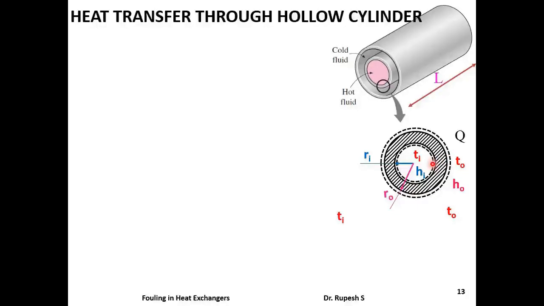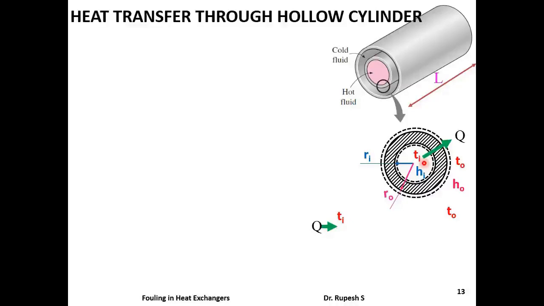So the total resistance offered to this heat flow Q is the sum of two convective resistances and one conduction resistance. That is the convection taking place inside, the convection taking place outside, and the conduction that is taking place through the wall material. So if we consider the thermal circuit, it consists of three resistances.